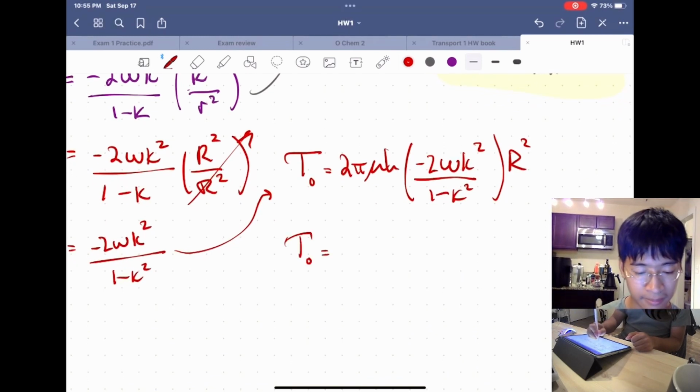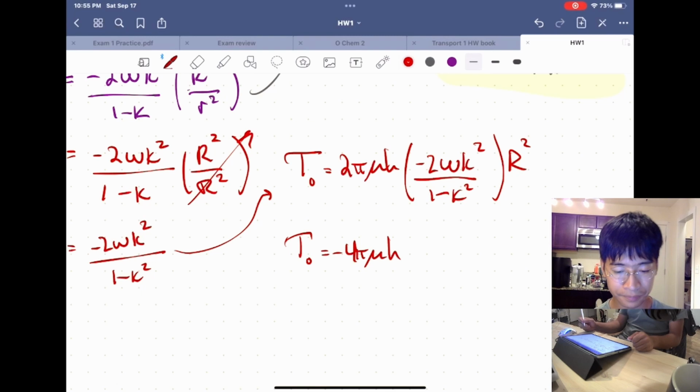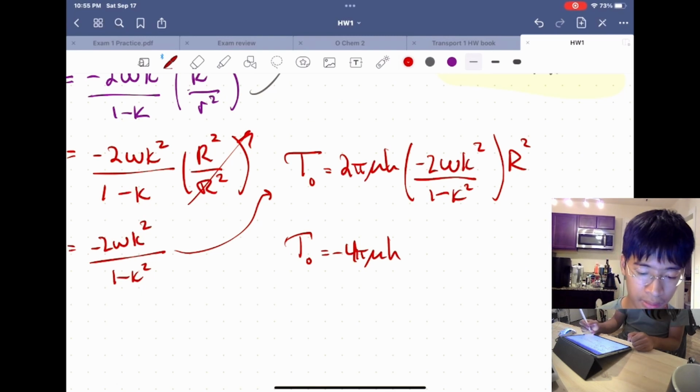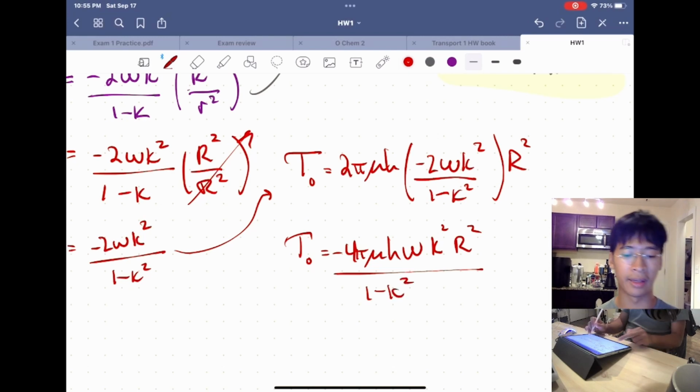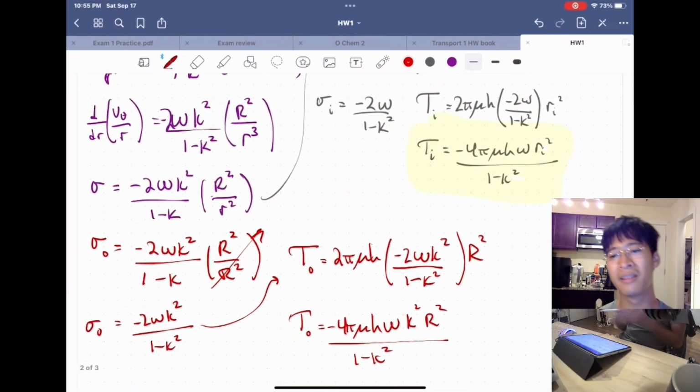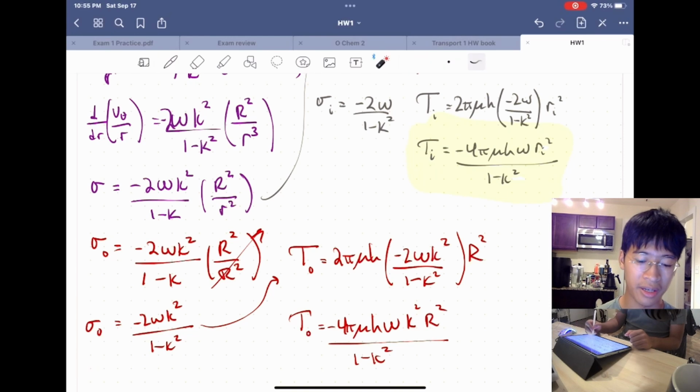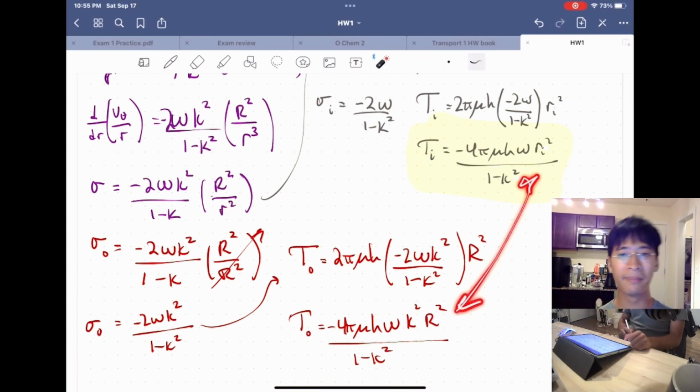Hint, it doesn't. So negative 4 pi mu times height, times omega k squared R squared over 1 minus k squared. Oh, not quite the same, right? Not quite the same.